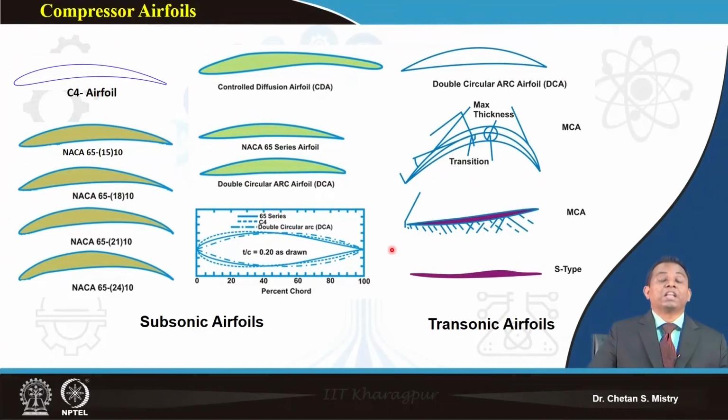Then, as per your requirement, you need to modify the shape of these airfoils. That is called a custom tailored airfoil. That will give us the idea of what we are looking for and what we are achieving.